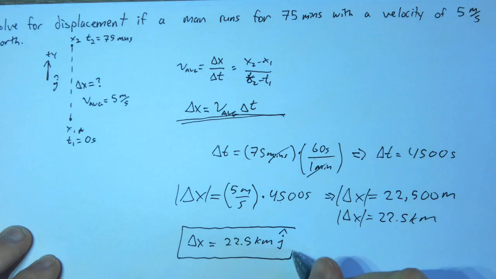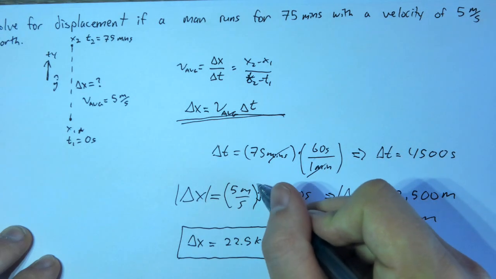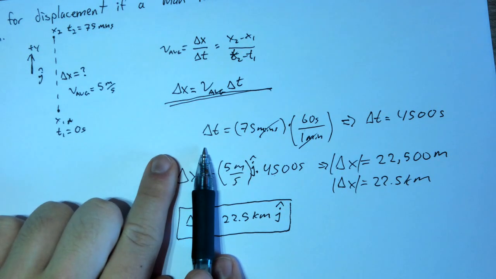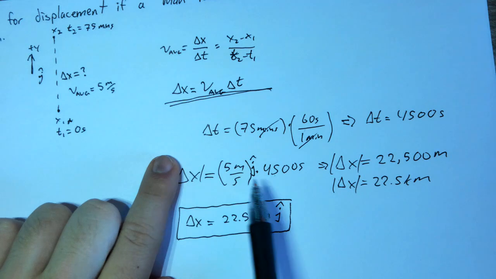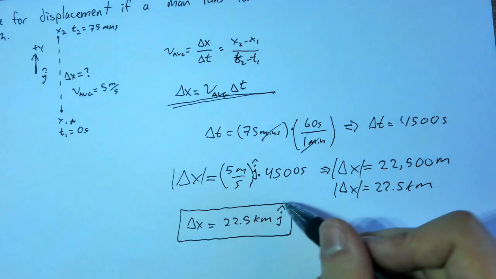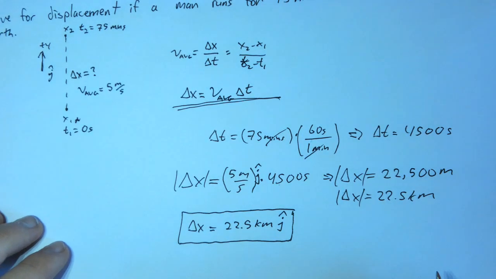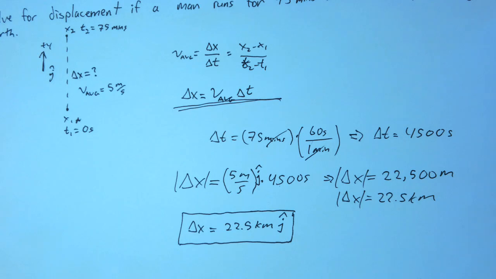So because our velocity is a vector, this could be j hat here. Then this would not be a scalar anymore. So the j hat direction times the scalar is still in the j hat direction, and we get this final answer of 22.5 kilometers in the j hat direction or the north direction.